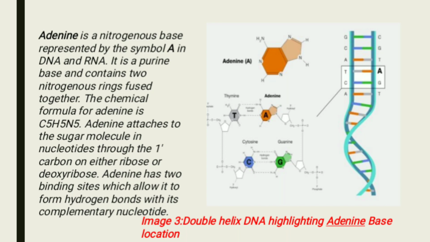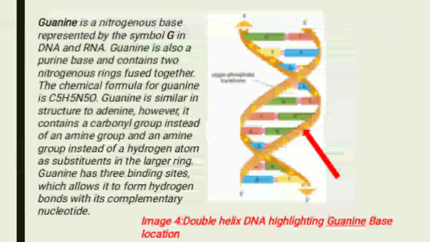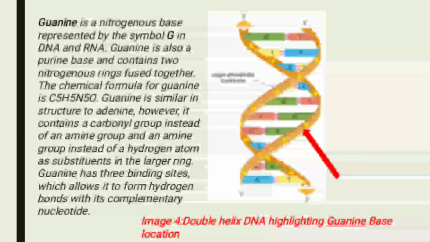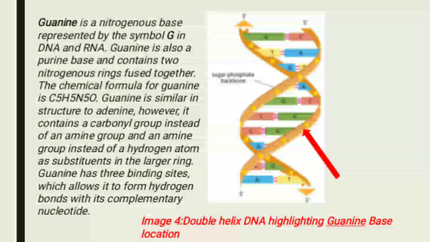Adenine attaches to the sugar molecule in a nucleotide through the first carbon on either the ribose or the deoxyribose sugar. It has two binding sites that form complementary base pairing by hydrogen bond with other nucleotides. Adenine always pairs with thymine.